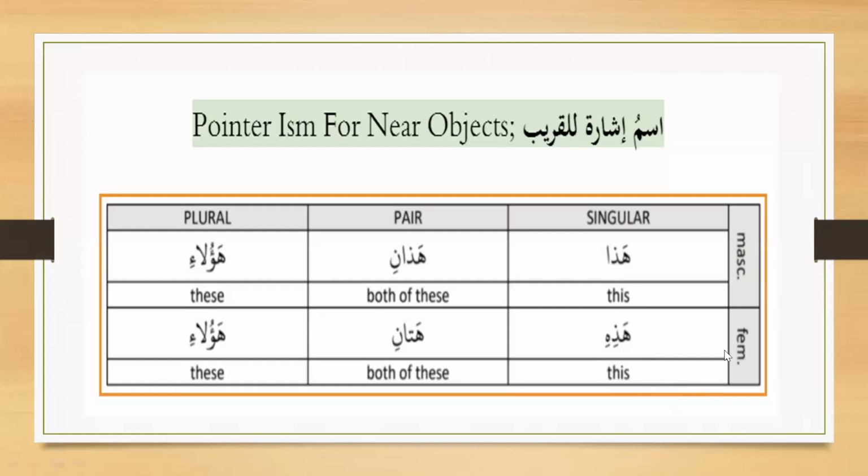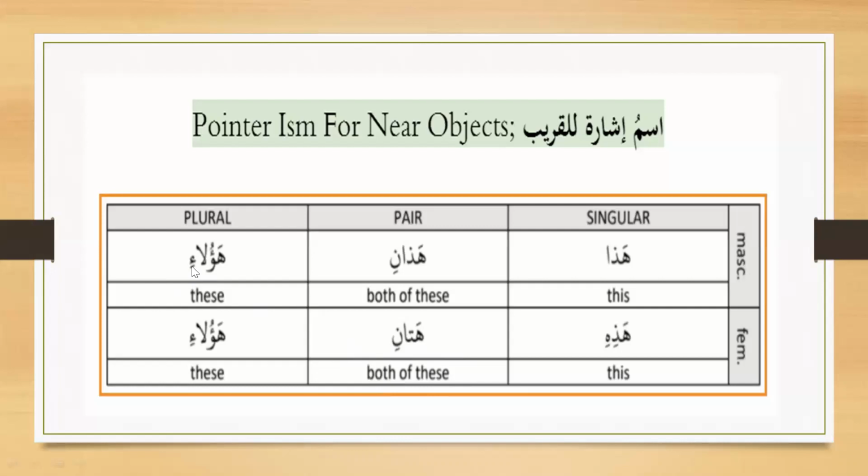Hadihi, this for feminine. And then we have paired pointing words, hadani and hatani. Hadani means both of these, and both of these are masculine. And hatani is for two ism that are near, pointing towards them, and both are feminine.